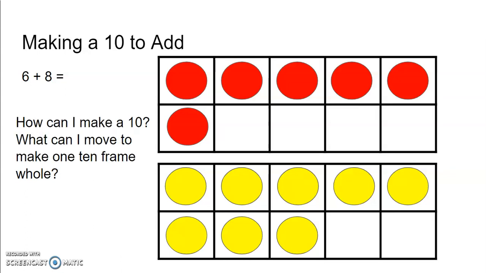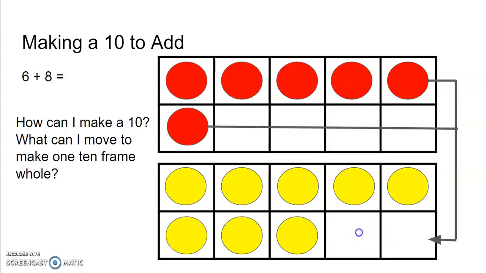Or what can I move to make one 10 frame whole? So I see that the 10 frame with 8 only has 2 missing circles. So I'm going to move 2 of the circles from 6 and give it to the 8.